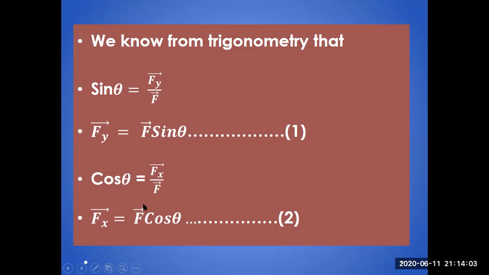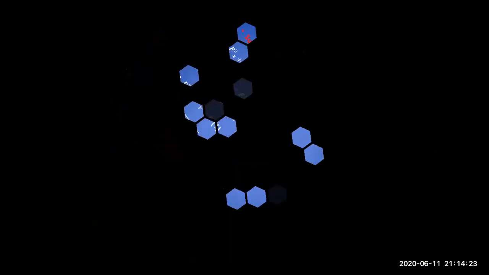Similar is the case for the horizontal component, but here you use cosine theta: the 20 Newton force with cos 30. You will multiply these and get the horizontal component by using cosine theta, and the vertical component of the force by using sine theta. So this is the resolution of force into its components.